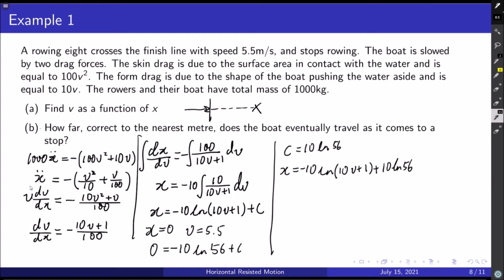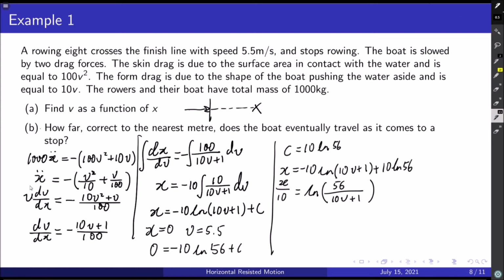Okay, so by rearranging everything, I'm just going to divide both sides by 10, so we end up with x over 10 equals log, because we have log 56 minus log (10v plus 1), so log of 56 over 10v plus 1.